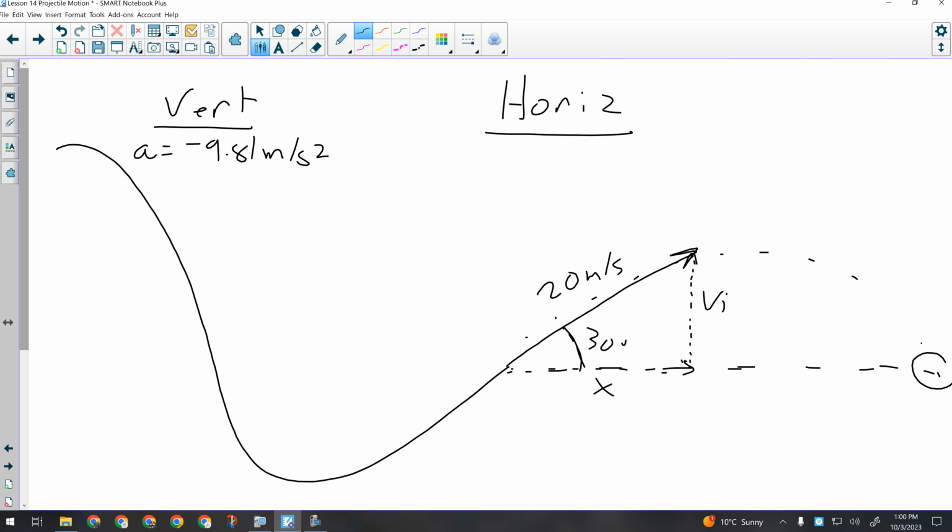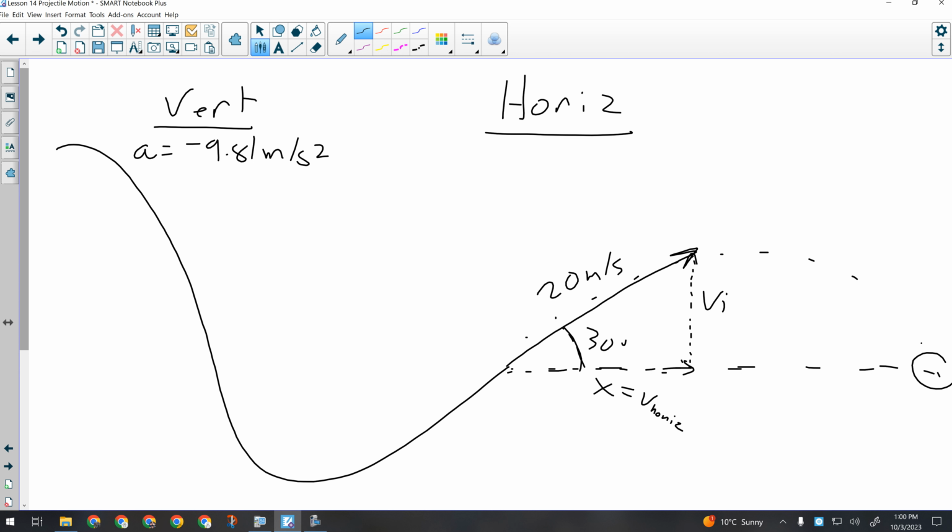X and Y. I mean, it's really just a vector with an X and Y component to it. The X component is going to end up being the horizontal velocity, which we know is going to be constant.